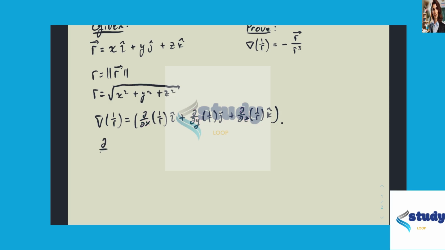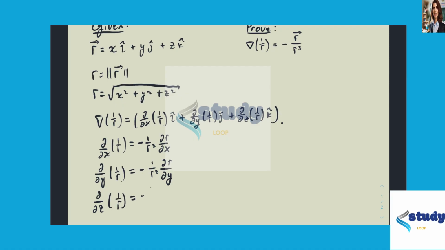Okay, so therefore d dx of 1 over r is equal to minus 1 over r squared dr dx, and the partial with respect to y will of course be the same thing, except we have this other derivative that we have to find, and d dz of 1 over r is equal to minus 1 over r squared dr dz.